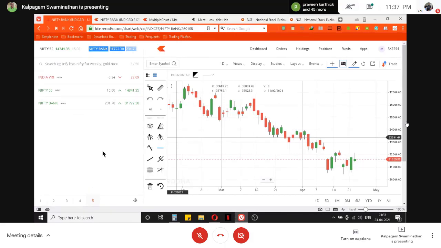Now, let's say from an OTM strike price of 32,000. If Bank Nifty reaches 32,000 during the day, your OTM option priced at let's say 100 rupees has become 200 rupees. As you go from OTM to ITM, your delta increases and the price accelerates.